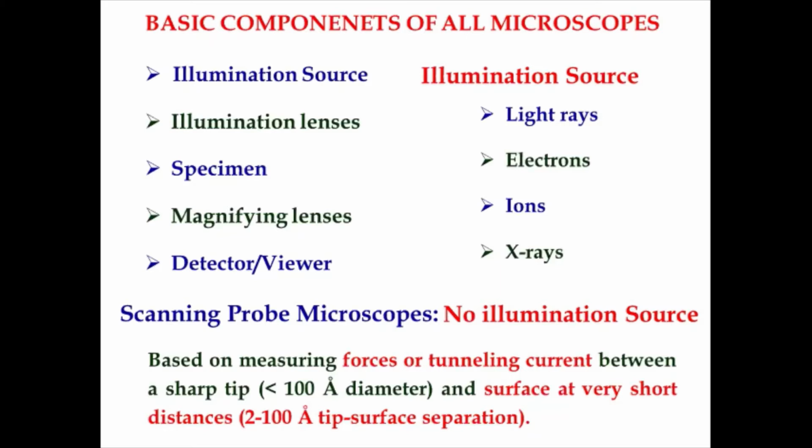In addition to this conventional microscope, conventional meaning one wherein we have an illumination source, next generation microscopes were introduced in the 90s, where you don't have any kind of illumination source. Without an illumination source, you can get the image of the sample or information about the sample via interaction of a very sharp tip, called a probe, and the surface.